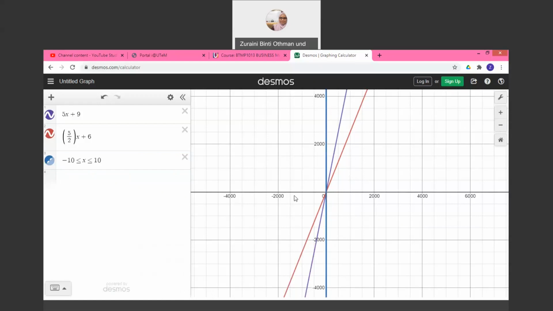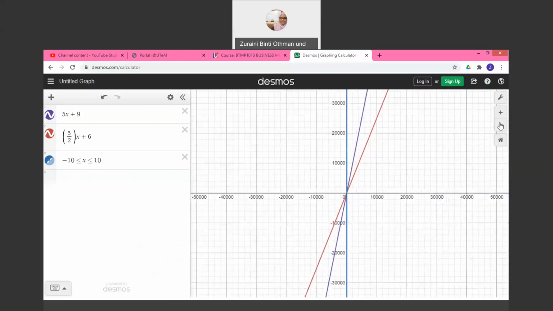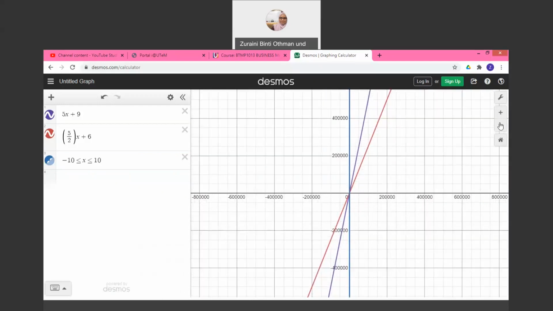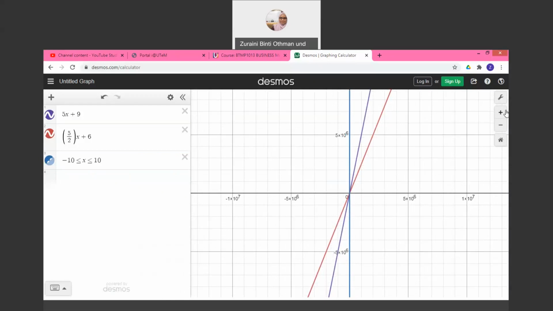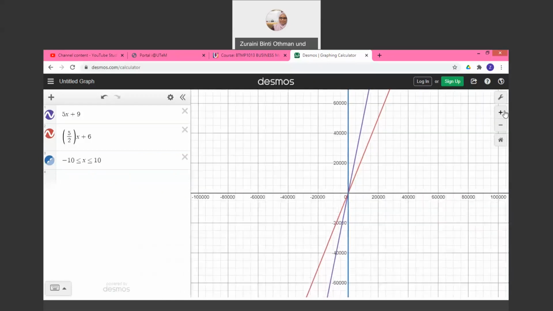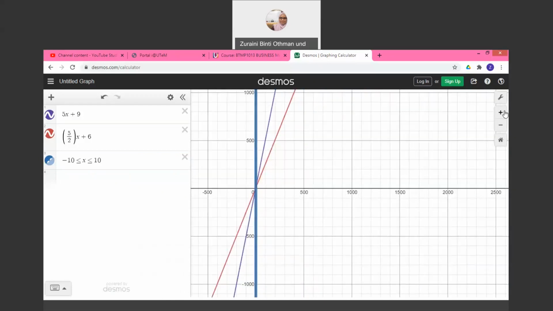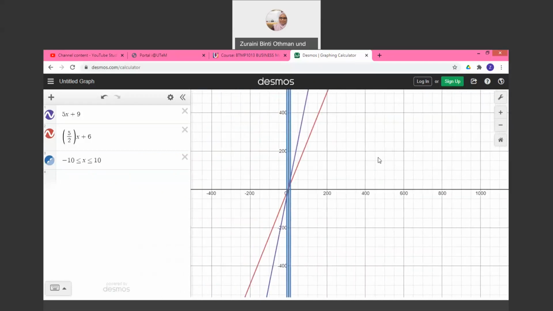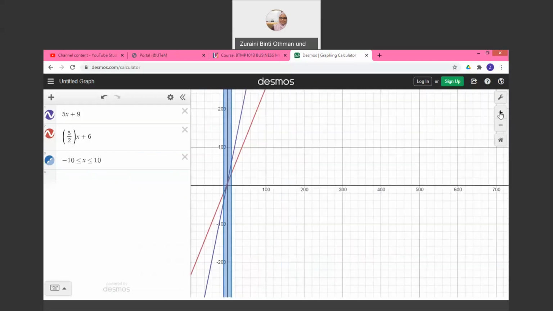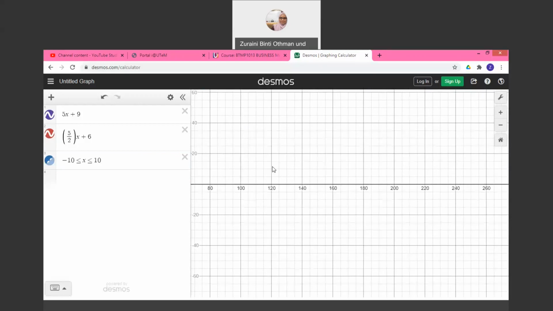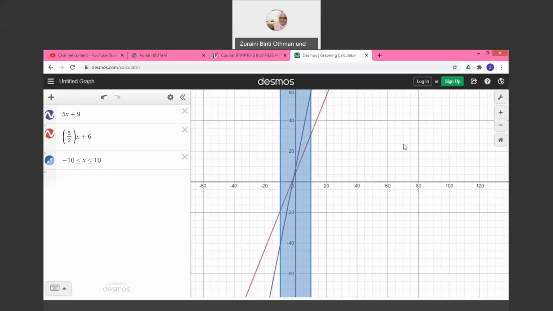Okay, dia jadi hitam sebab kat sini skala dia besar, negative 2000 until 2000, right? So we small the scale here. Scale kita besarkan lagi lah, sebab kita nak nampak skala yang kita cari tu negative 10 sampai 10 je. Kan? So the shaded area here, nampak tak?